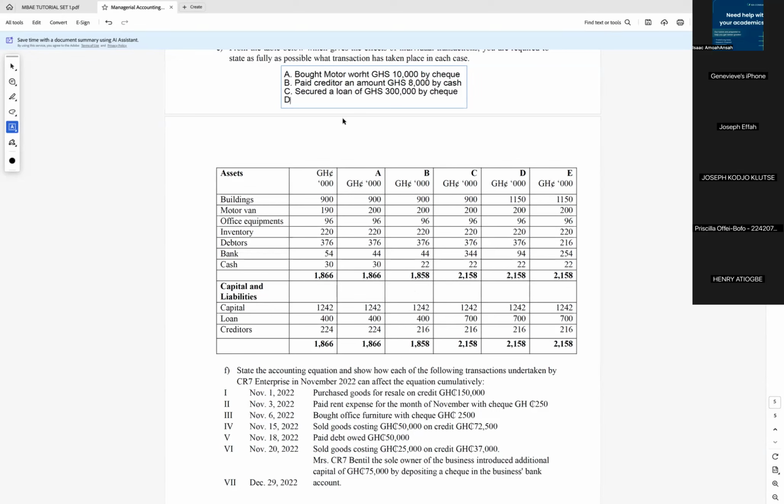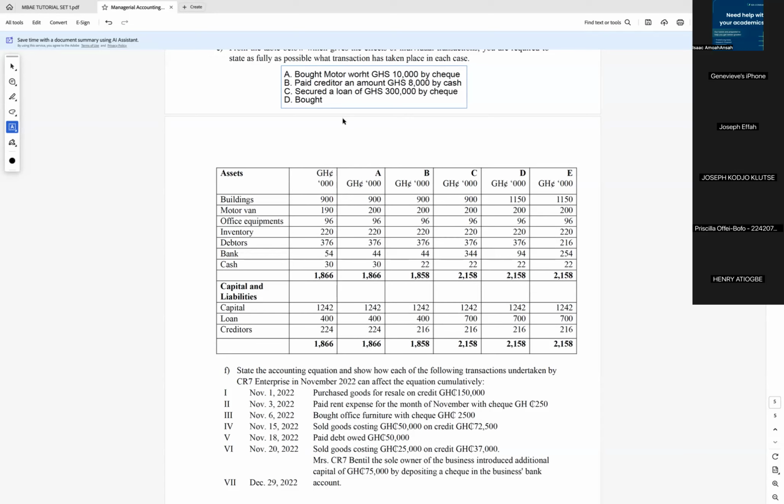Either a renovation or we put up another building, a purchase of another building. Okay. It could be a renovation that we did. It could be a new building that we put up.